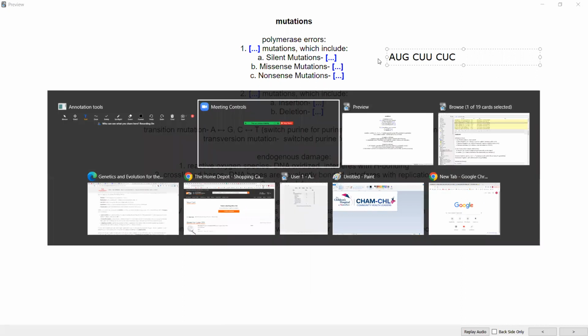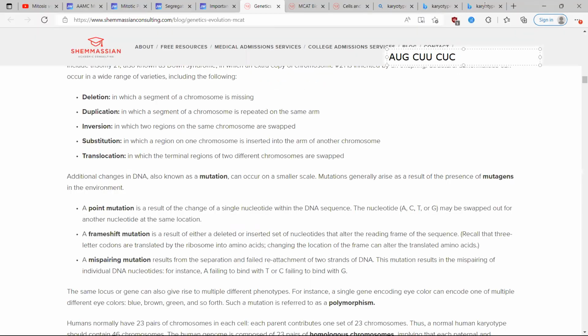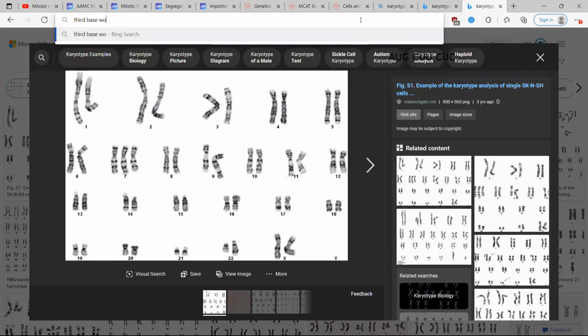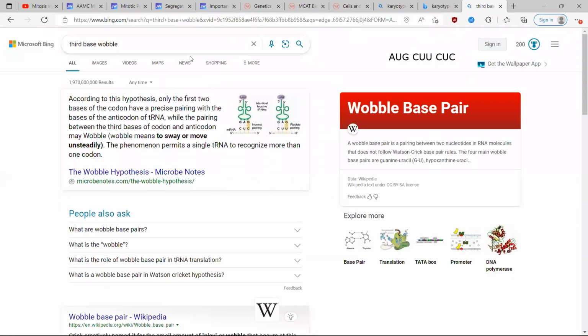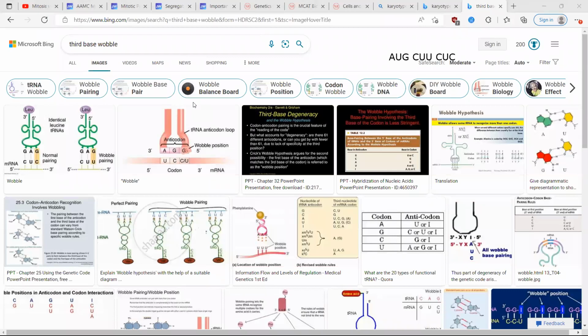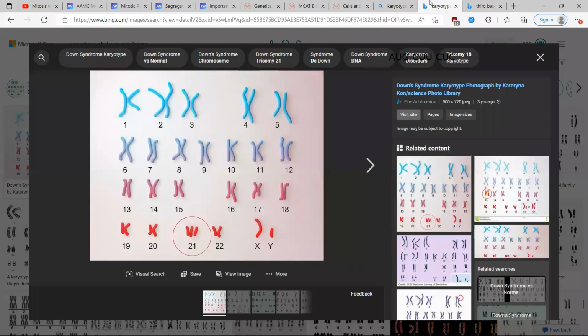I'm not 100% sure, because nobody memorizes that, but it's pretty likely, so I'll just check right now. Oh yeah, actually that's the exact example. CUC and CUU, they both do the exact same thing.